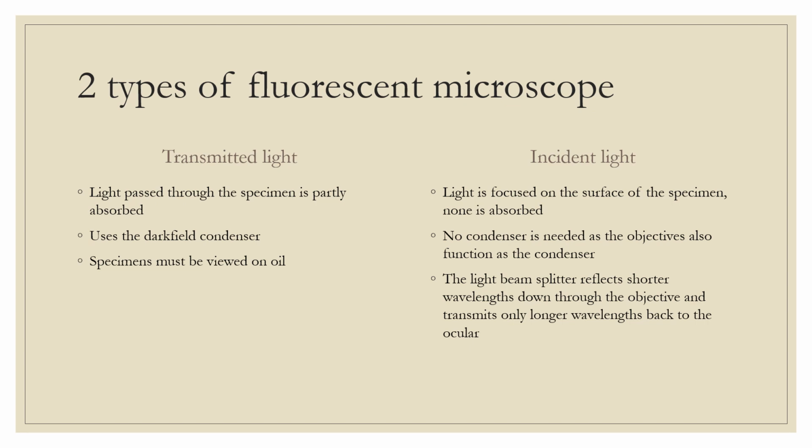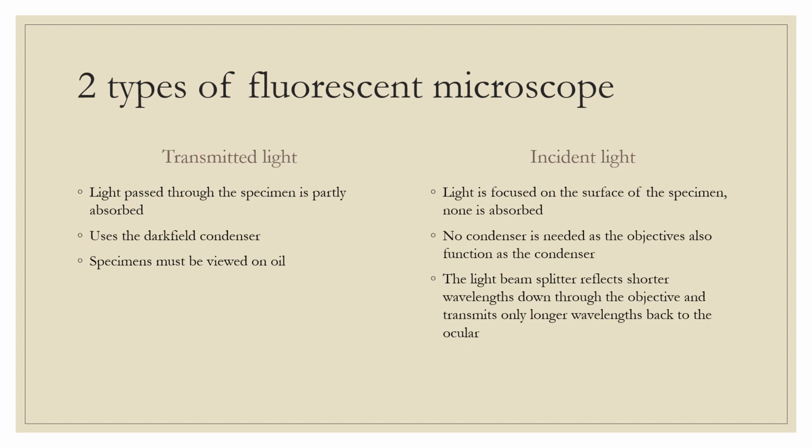In incident light, we have light that is focused on the surface of the specimen. None is actually absorbed. There's no condenser needed, as the objectives also function as the condenser. The light beam splitter reflects shorter wavelengths down through the objective and transmits only longer wavelengths back to the ocular.